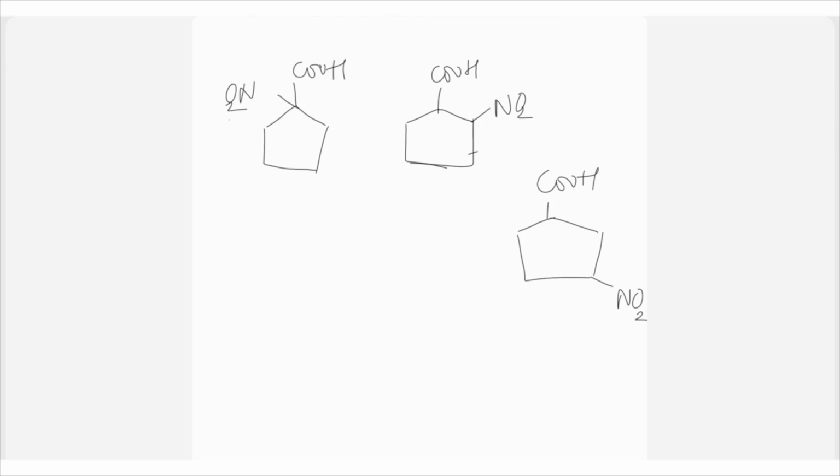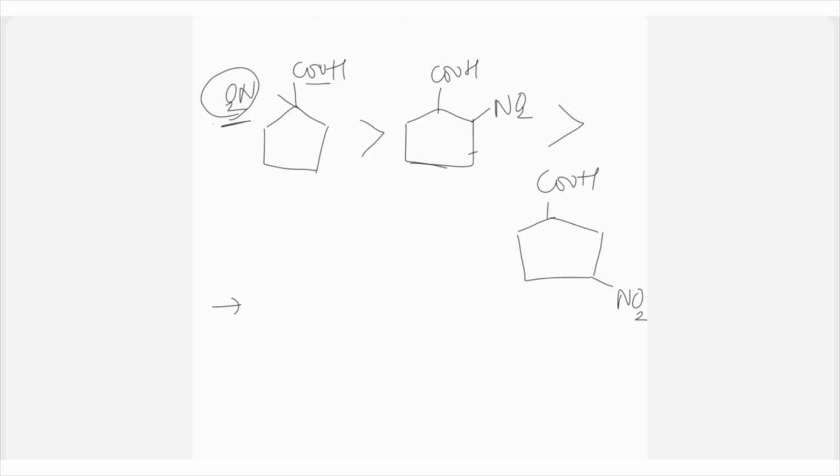Now as the electron withdrawing group moves away from the acid, the effect will diminish. So first compound is more acidic compared to second, and second is more acidic compared to third. So as the effect of NO2 goes down because of the distance, the acidic nature also will go down.